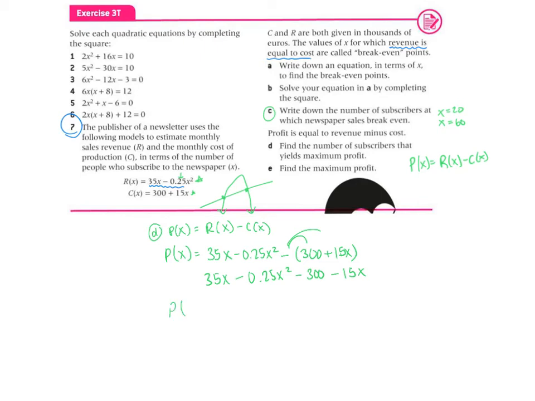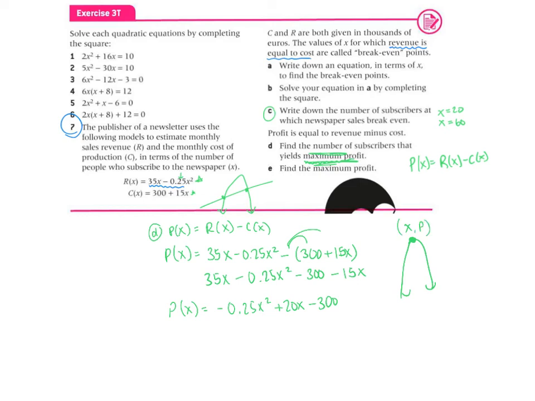So P of x equals negative 0.25x squared plus 20x minus 300. They're asking for the maximum profit. Basically, find the number of subscribers that yields a maximum. This is a quadratic function going like that. They're asking us for the maximum, and they want us to know the x value, which is the number of subscribers. And then in E, they're going to want us to find the profit.